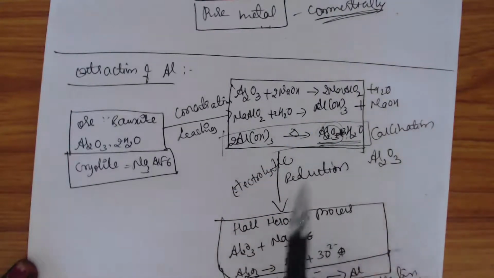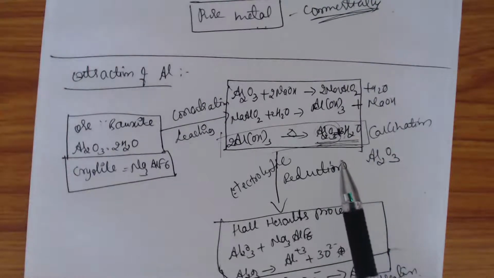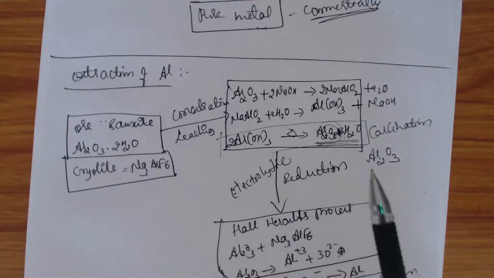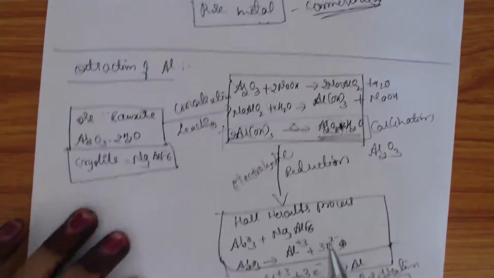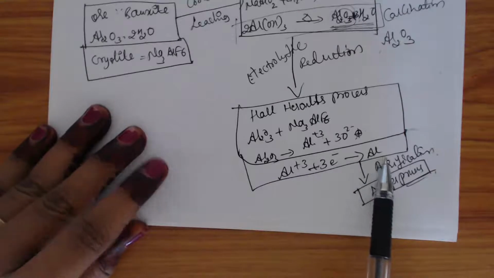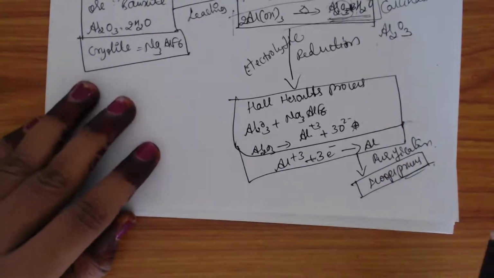The leached ore undergoes electrolytic reduction. As I told you, the concentrated ore is subjected to oxidation as well as reduction. Oxidation here means calcination, and then reduction. Then we get a crude metal. That crude metal is subjected to purification by Hoope's process.